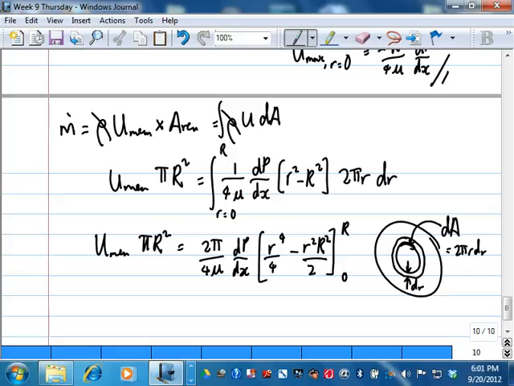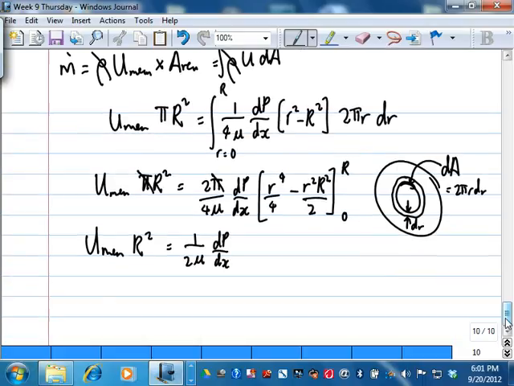So if you put that in, you have u mean times pi R squared, and pi and pi can go away, equals 1 over 2 mu dp over dx times R to the 4 on 4 minus R to the 4 on 2.